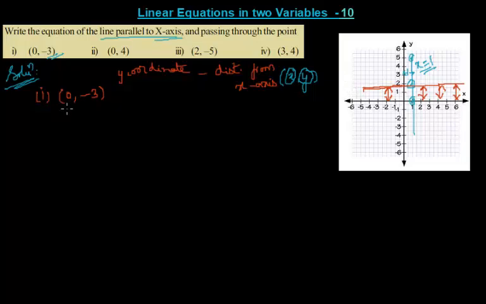So what should be the equation of this line which is parallel to x-axis and passing through these points? It should be y is equal to -3. That means 0, -3 is also one point which is lying on this line.